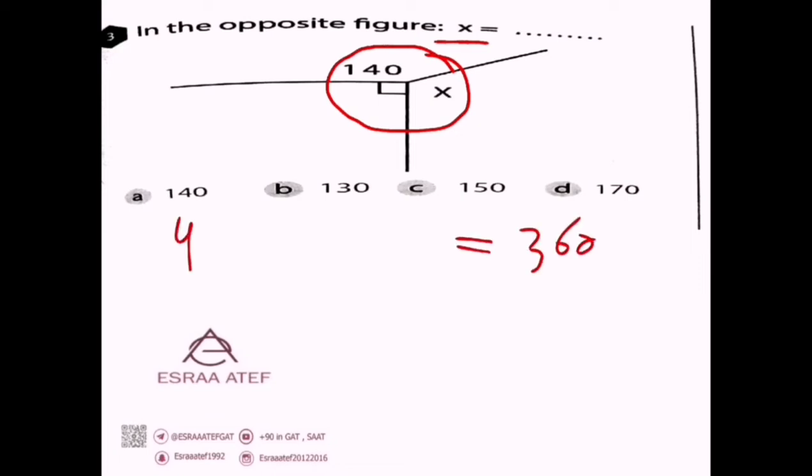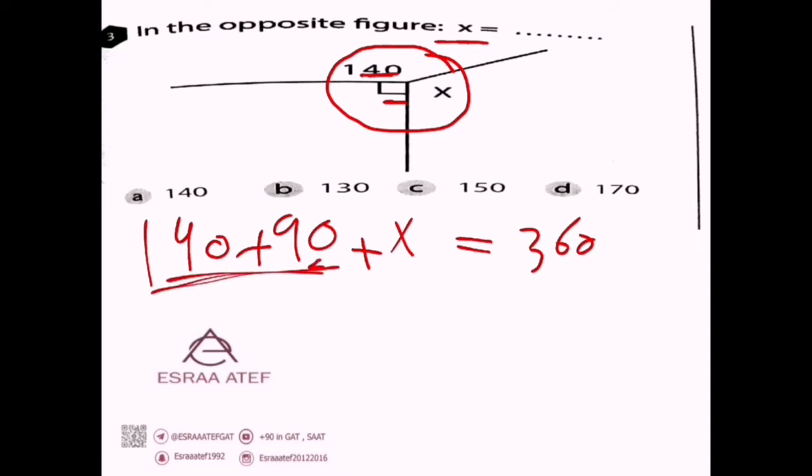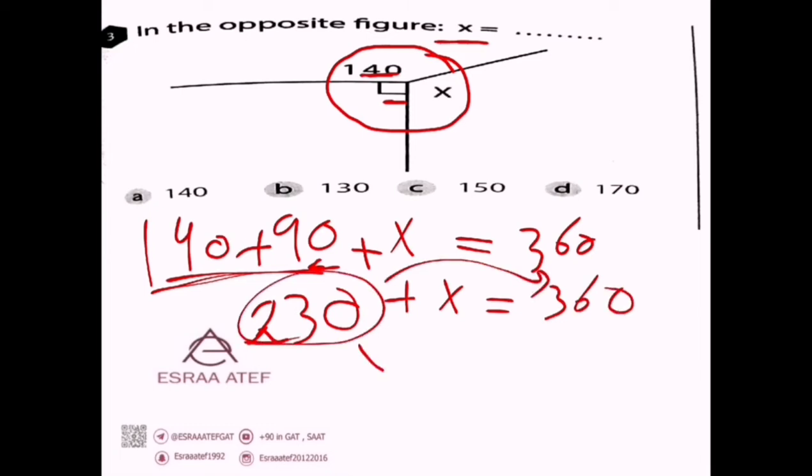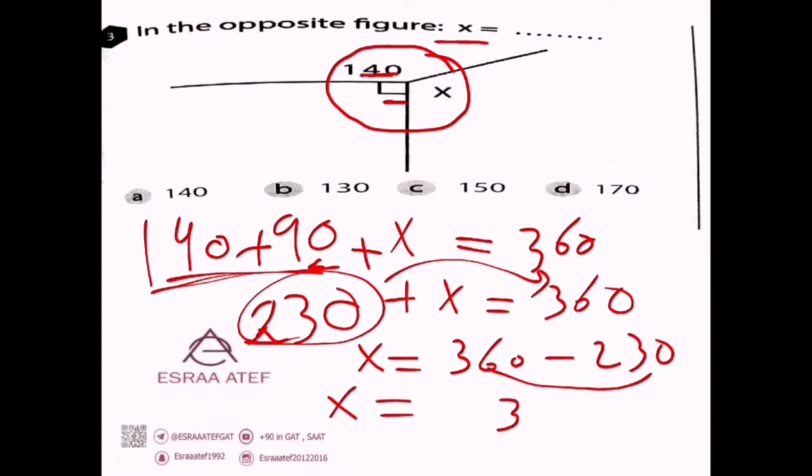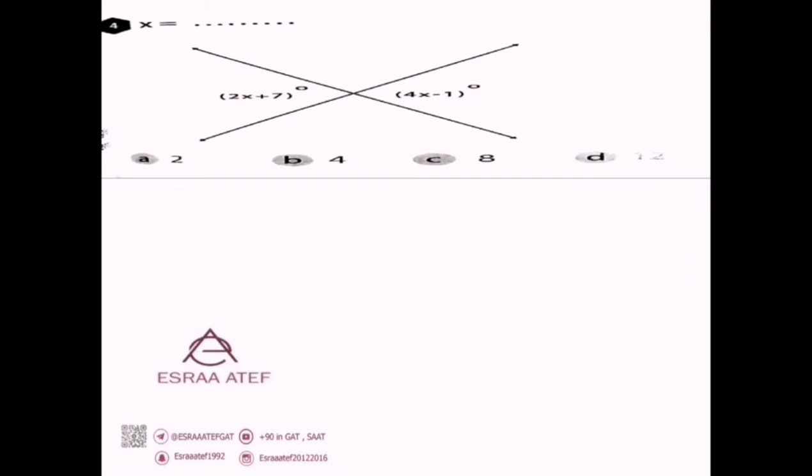So 140, which is here, and here it's 90 plus 90, and here x, all of them equal 360. 140 and the 90 and 90, which means 320 plus x equals 360, and then take it to the other side, so x equals 360 minus 230, so the answer will be 130.